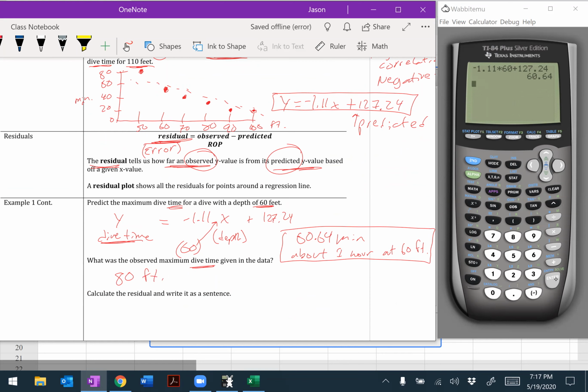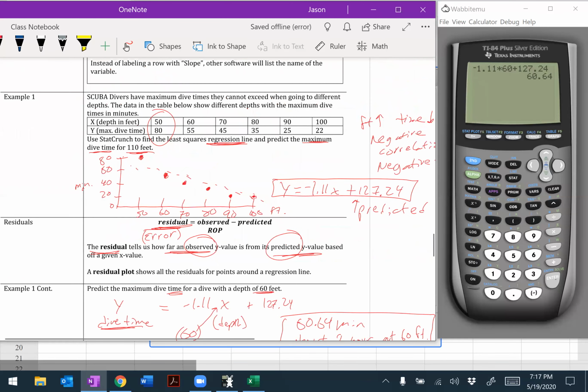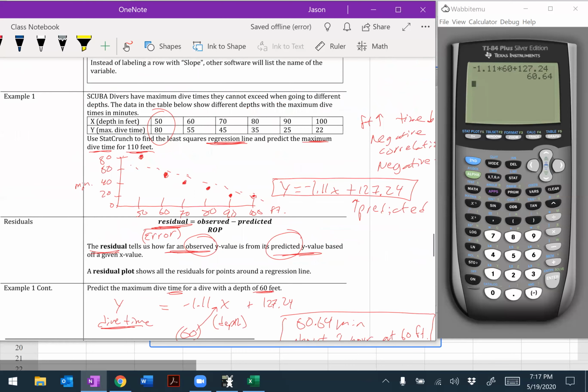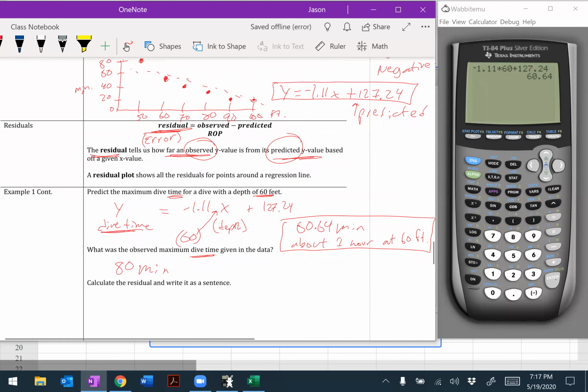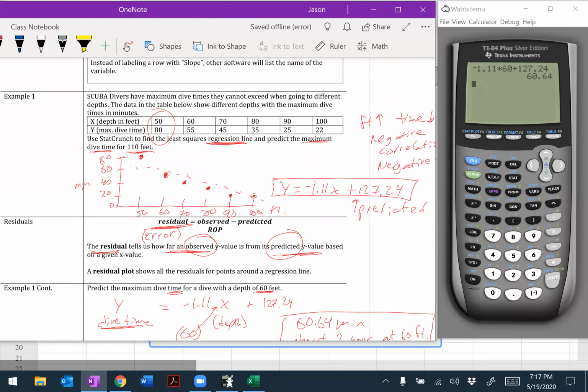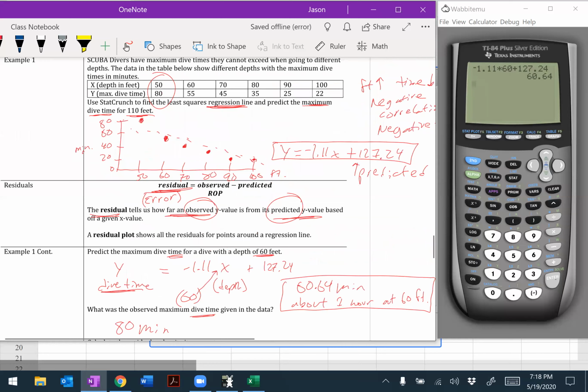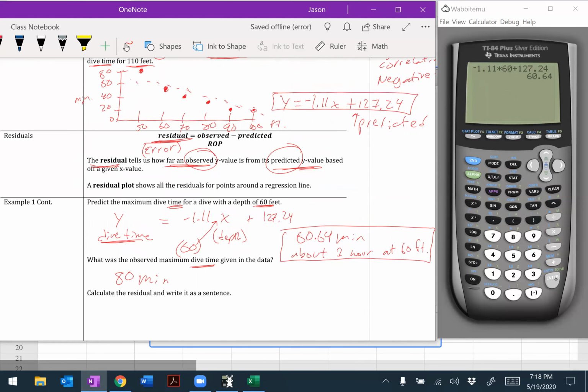Oh, sorry, that was 80 minutes. The maximum was 80 minutes, right? What is the observed maximum dive time? Yeah, it was 80 minutes. Okay, so calculate the residual and then write a sentence.